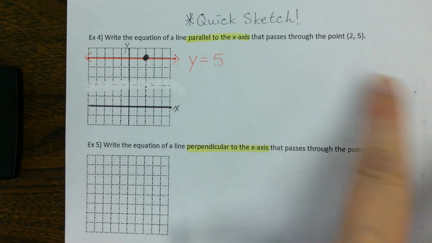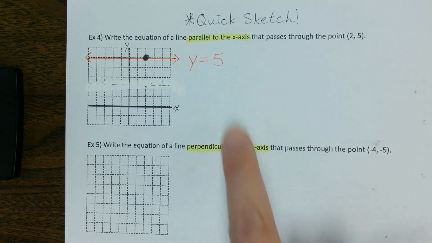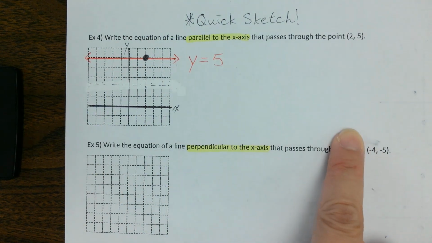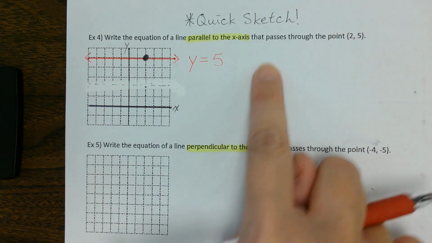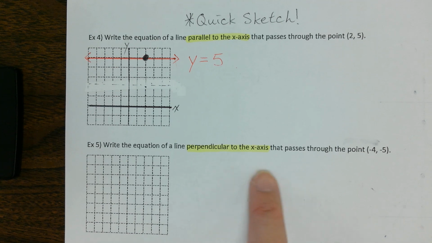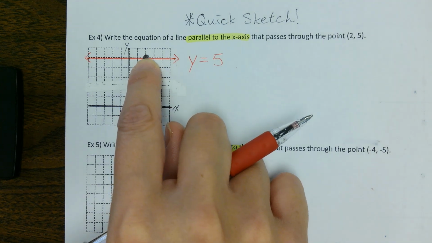Okay, so that's why I said with these questions, the easiest way is to draw a quick little sketch. No calculations involved, because sometimes, in the next one for example, you'll see that the math doesn't even work out. Because this point right here is 2, 5, right?